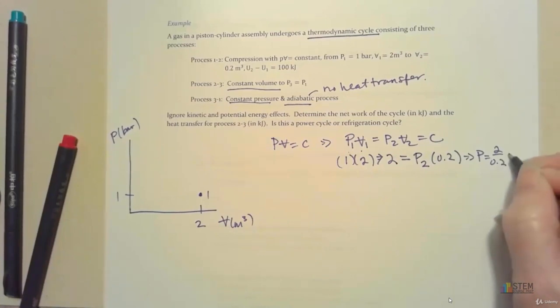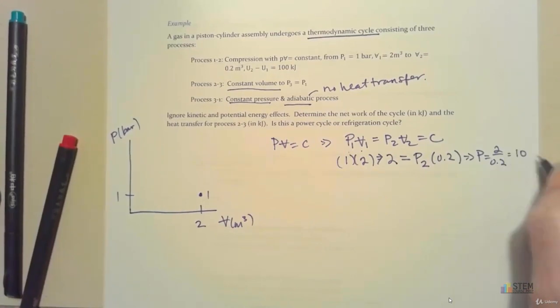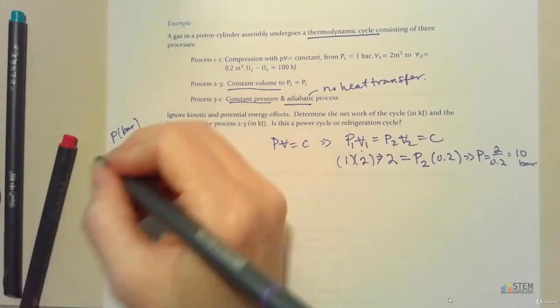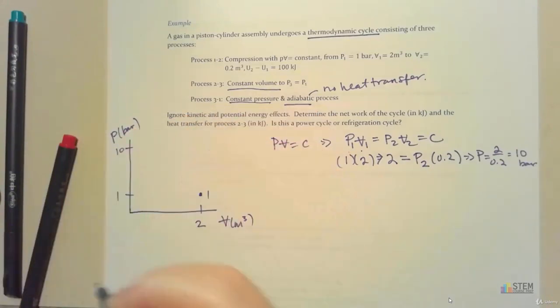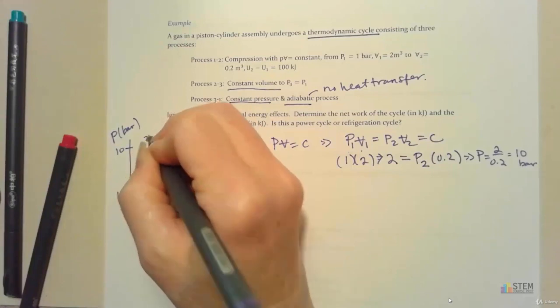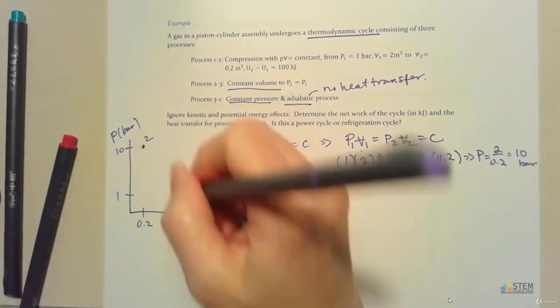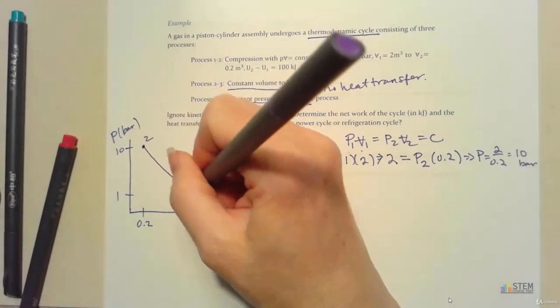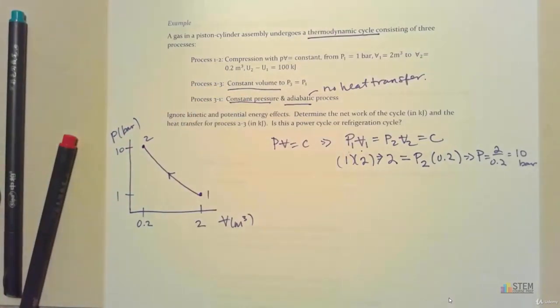And what does that give us? 10. And units here will be bar. All right, super easy way to find pressure there. So let's put 10 up here, and our volume is going to be 0.2. So put a dot there for state 2. And then we can just draw a line like that.